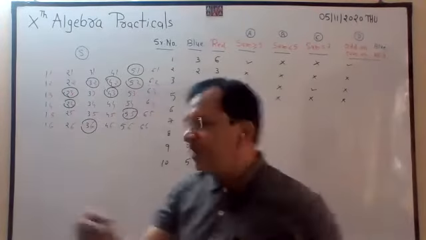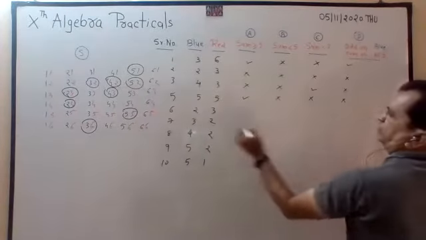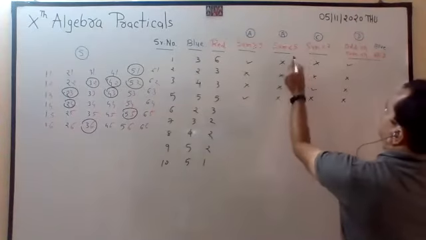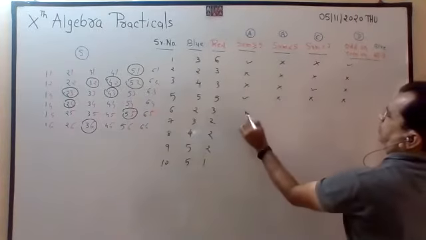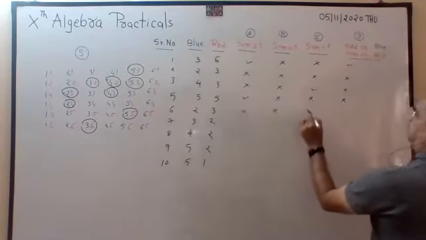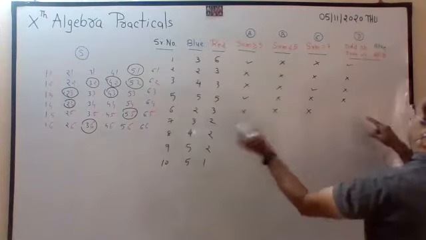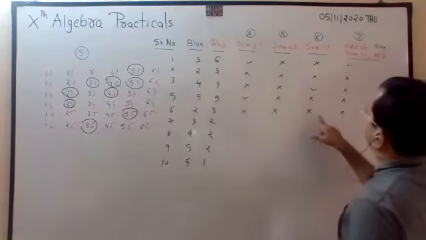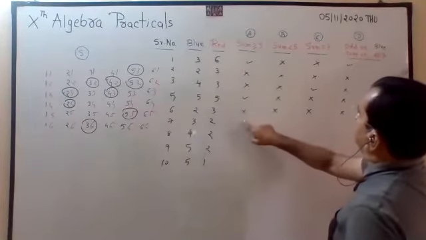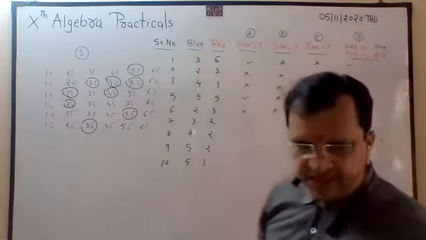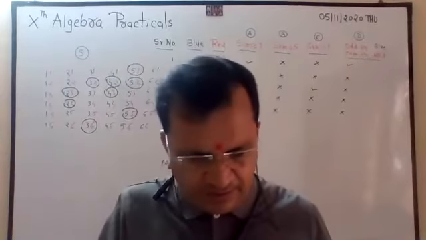Like that, every time you have to judge. 2 plus 3 is 5, so it is not this, not this, not this. Odd and even, not a 7, not less than 5, not greater than 9.